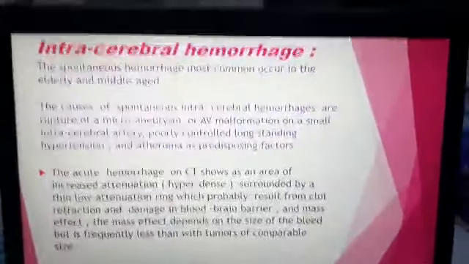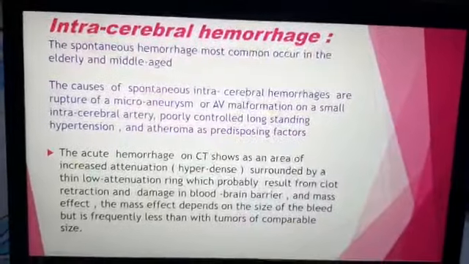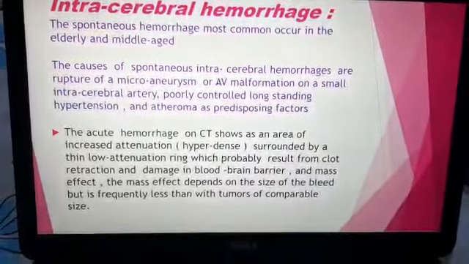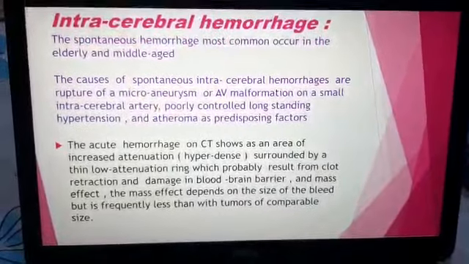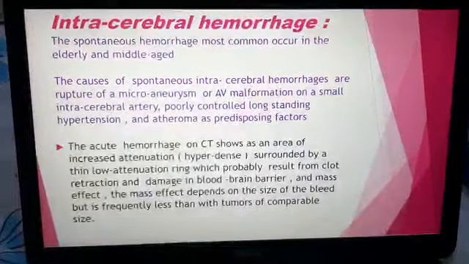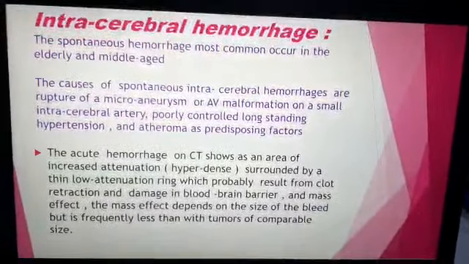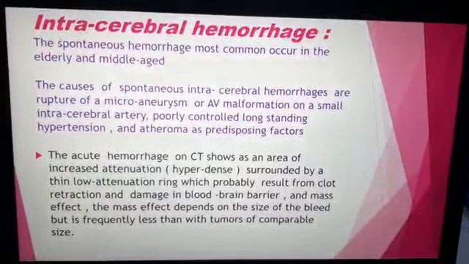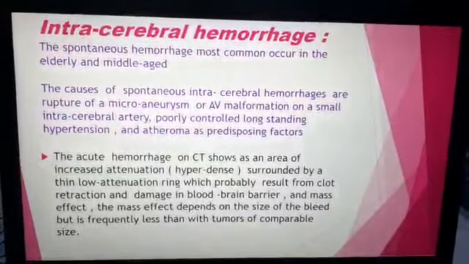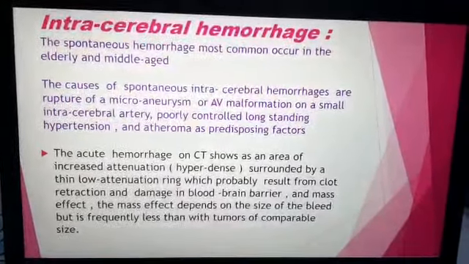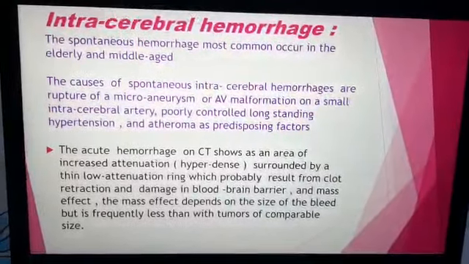Intracerebral hemorrhage. Intracerebral hemorrhage is a spontaneous type of hemorrhage occurring in the old age group or middle age group. These patients have a previous history of medical disease like uncontrolled hypertension with atheroma, or the patient has a bleeding tendency or takes anticoagulants. So these are the causes of it: ruptured small intracerebral arteries.